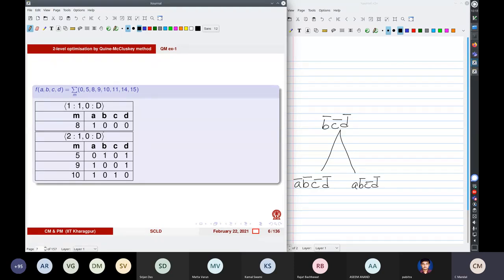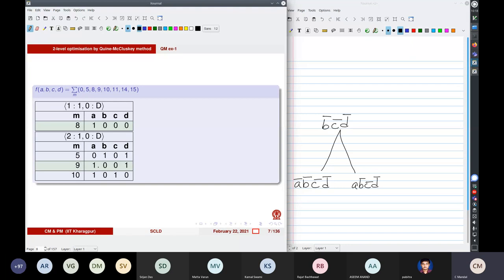So the next thing that we do is we consider cubes with 2 number of ones. As you can see, 2 number of ones. Those cubes are 5, 9, and 10. Now you can see that 8 and 9 are adjacent.